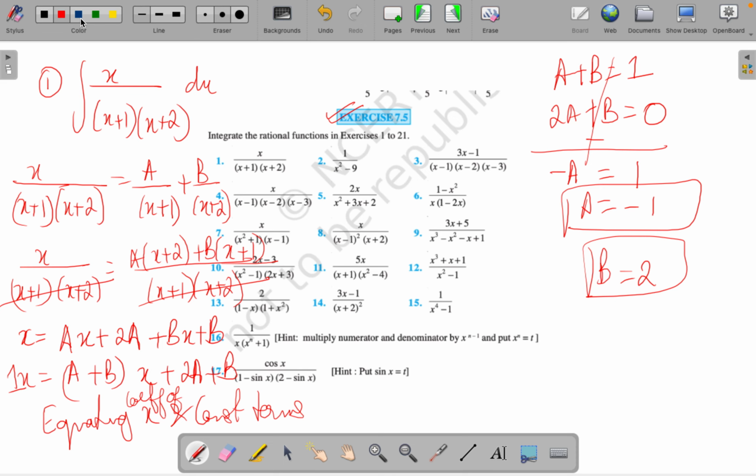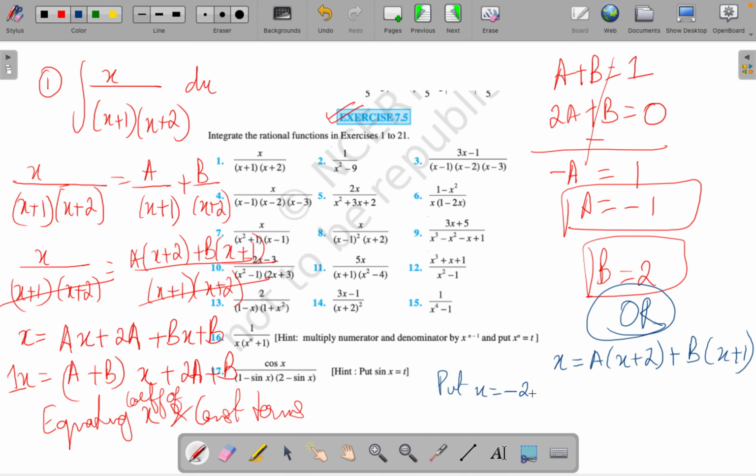Now let me show you the easier way. To get the value of a and b, children, I will just directly use this, which was left after taking LCM. I will put x as minus 2. So I know that a becomes 0.